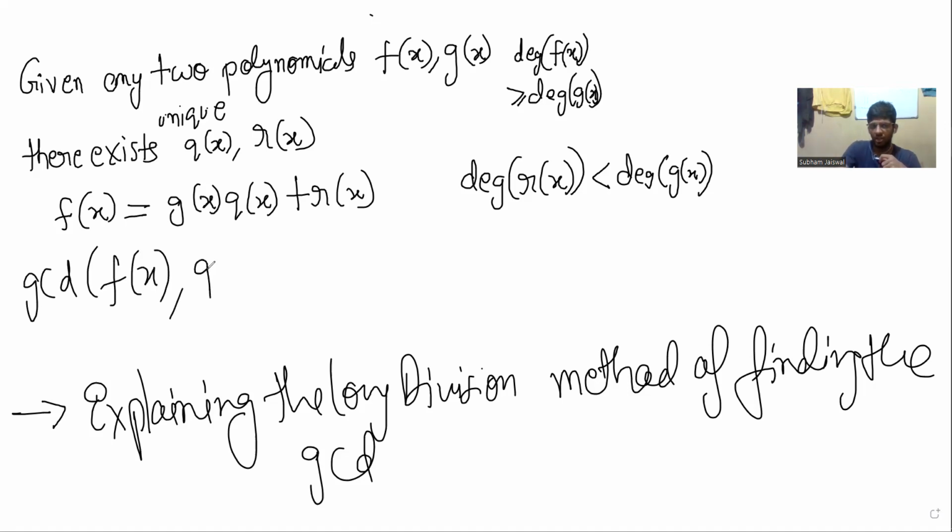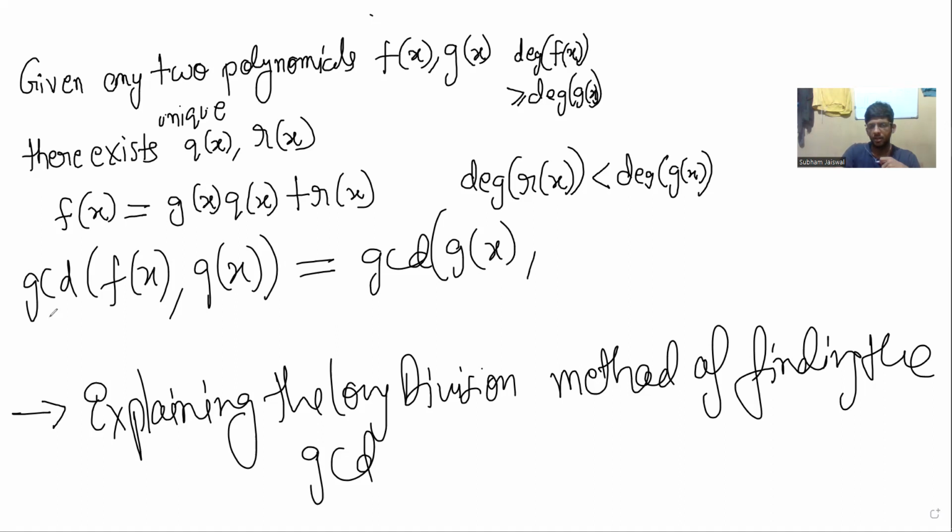You can even ask this question naturally to yourself: GCD of this is equal to GCD of Gx and Rx. This is what you would have to show. It's similar to what we have done today. But I don't expect that you are as comfortable with GCD of polynomials as you might be with GCD of numbers. So that's why I would spend a.